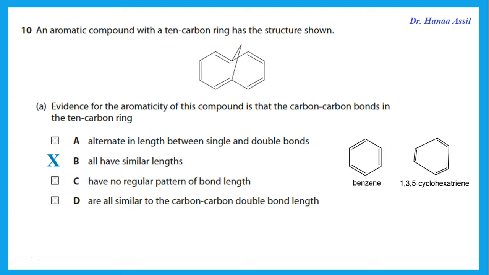So remember that one of the pieces of evidence that benzene is aromatic, or has delocalized electrons, is the fact that it doesn't have different lengths, because if they had alternating single and double bonds, then the single bonds should be much longer, or at least longer than the double bond.